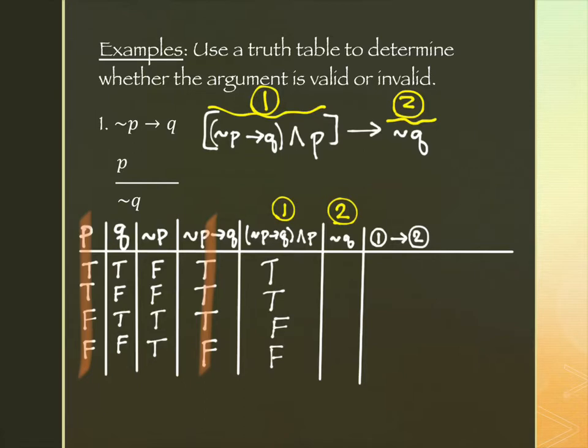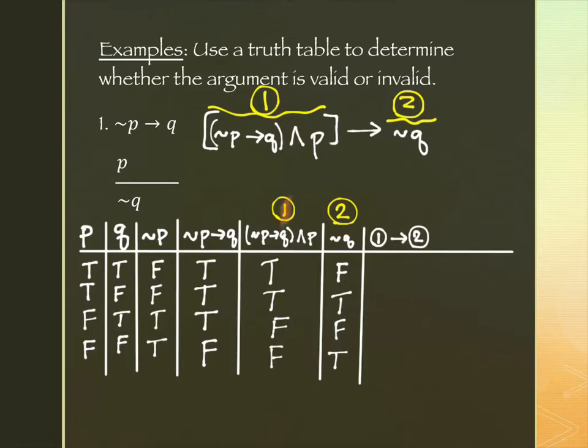Good? Next column's easy. You fill it in. What is the tilde Q column going to look like? Yep. False, true, false, true. Okay, everybody good? So this is kind of why I wanted my tilde Q column at the end, because then my if-then statement I'm about to create is going to go from left to right, which is easier to look at, I think, than going from right to left like we had to just a moment ago.